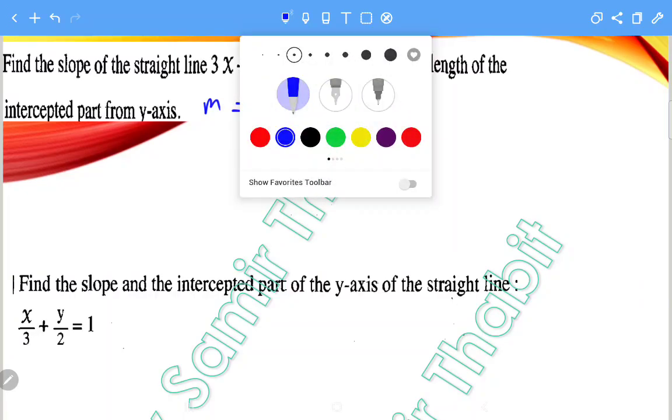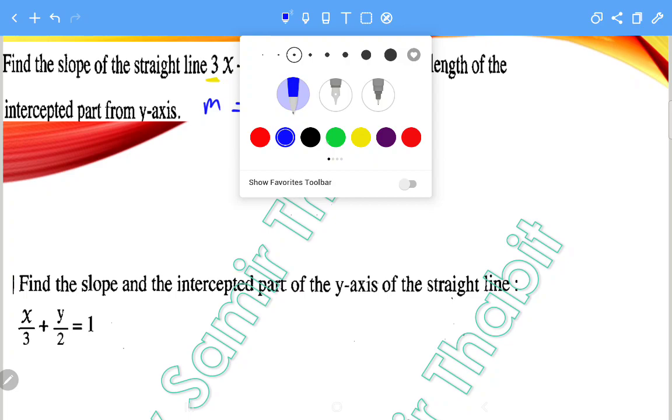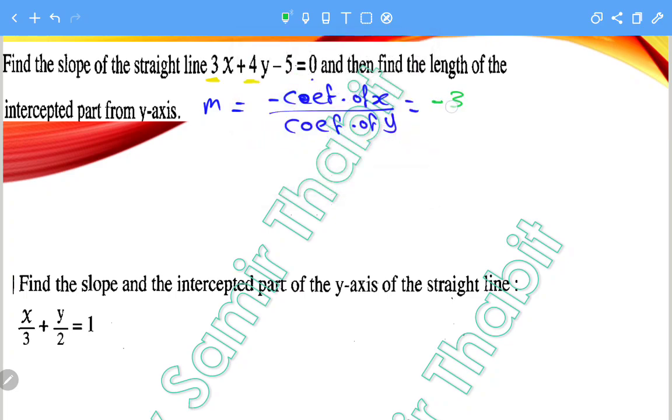The coefficient of x is 3 and the coefficient of y is 4. That means it's negative 3 over 4.